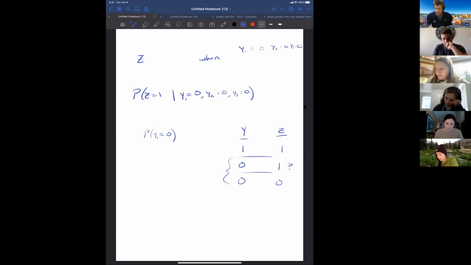Would this be related to the detection probability? Right. Yeah. So if Z equals 1, then we know that it was there and we didn't see it. And that probability is 1 minus the probability of seeing it given it was there.